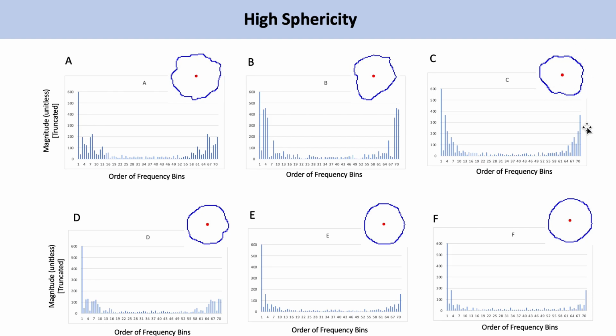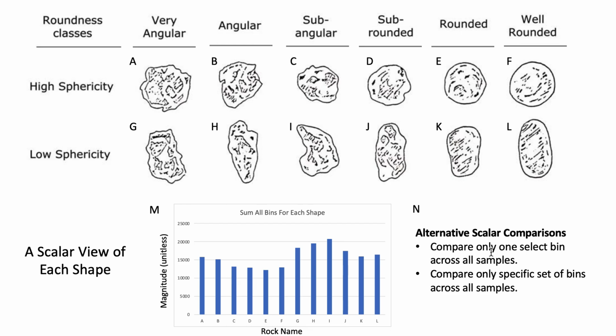The more jagged the edge, the larger these last 3 bins are, as observed here too. Jagged and asymmetrical shapes result in larger last 3 bins. So another way of deriving a scalar value for these upper images, or even all these images, is to sum just the last 3 bins. Which bins to sum depends on the system that you are studying, and that is something that needs to be optimized.